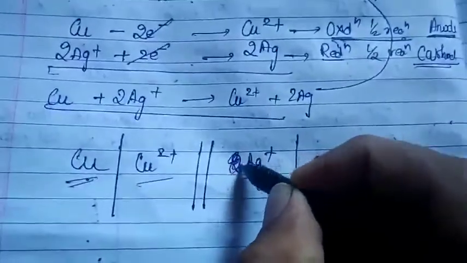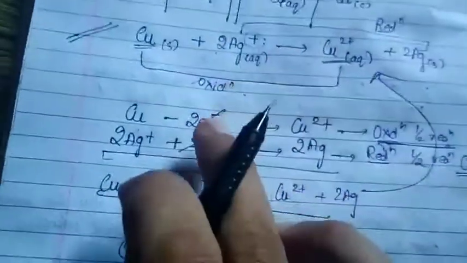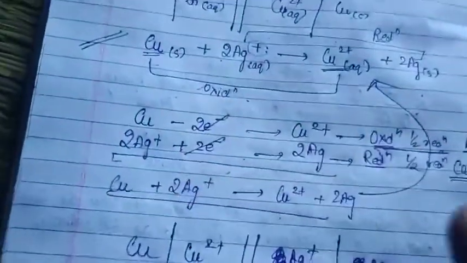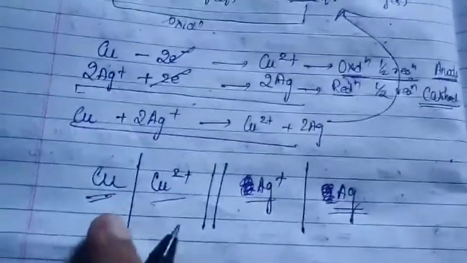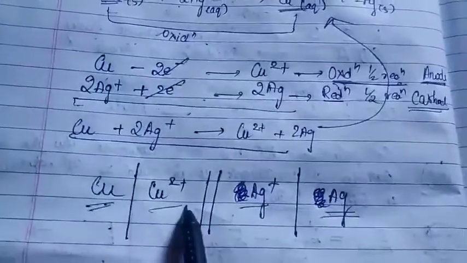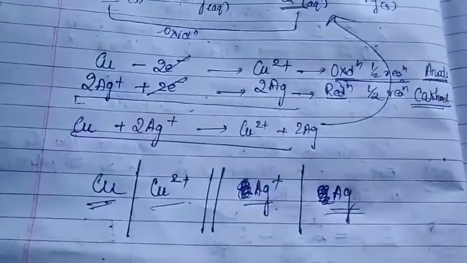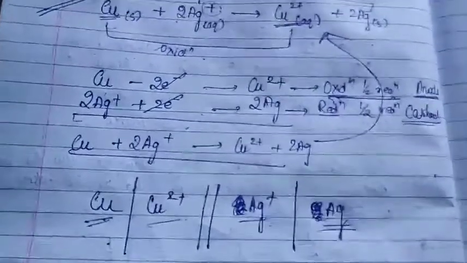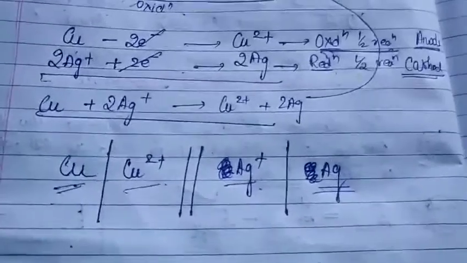Actually this 2 is not necessary in your symbolic cell representation. ಈ 2 necessity ಇಲ್ಲ. ಇದು ರಿಯಾಕ್ಷನ್ ಬ್ಯಾಲೆನ್ಸ್ ಮಾಡೋದಕ್ಕೆ ಮಾತ್ರ 2 ಆ ತರ ನ್ಯೂಮರಿಕಲ್ ವ್ಯಾಲ್ಯೂಸ್ ಬರಬೇಕು. ಸಿಂಬಾಲಿಕಲ್ ಆಗಿ ಇಷ್ಟೇ ಇರಬೇಕು. Whatever the electrodes and the electrolytes are involved. Okay. So copper is undergoing as a Cu2 plus, Ag plus is taking as an Ag. No need of writing those 2 and all those numerical values over here. Just symbolical and what are the electrodes and what are the electrolytes, only that much has to be mentioned.